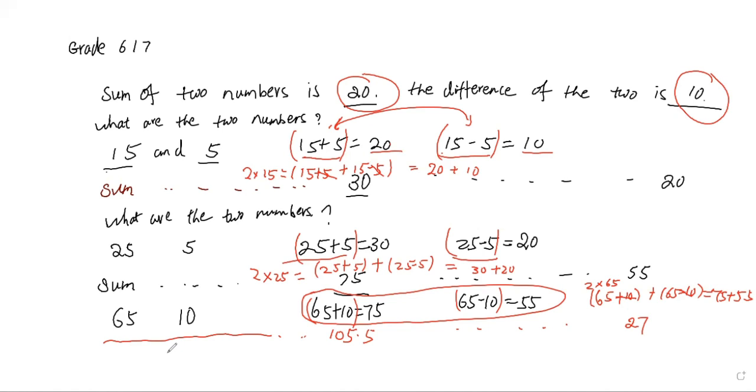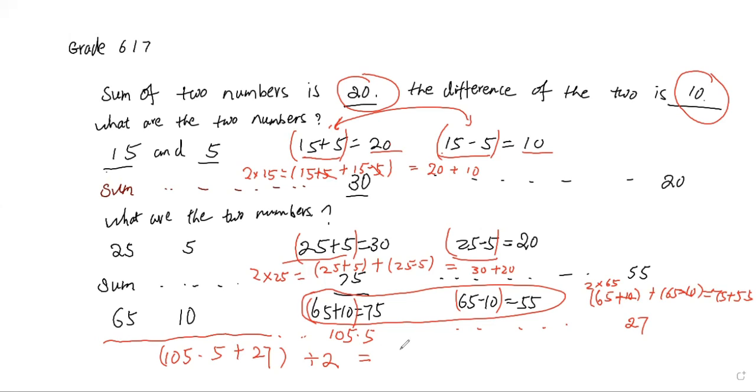So now you take the sum and the difference of the two numbers, divided by 2, and you will find the bigger number. Once you find the big number, it's much easier to find the smaller number, because you know the sum and difference.